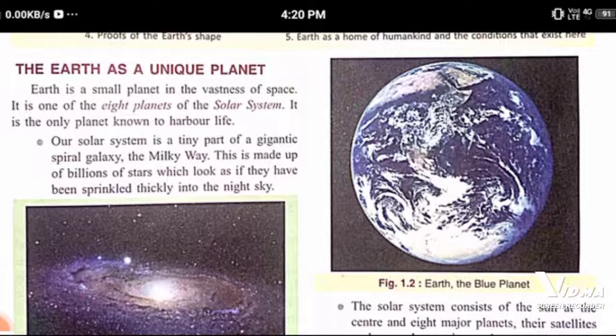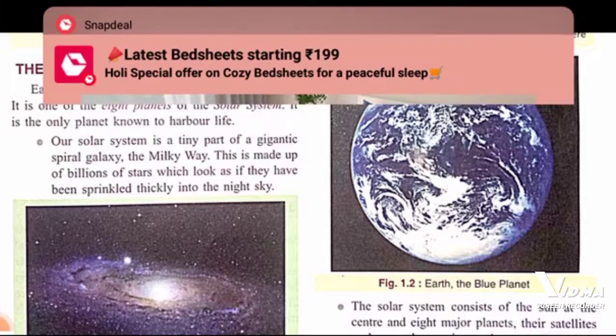So it is part of the Milky Way galaxy. This galaxy is made up of billions of stars which look as if they have been sprinkled thickly into the night sky.